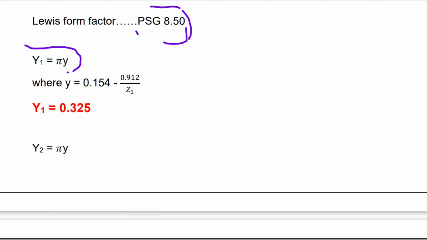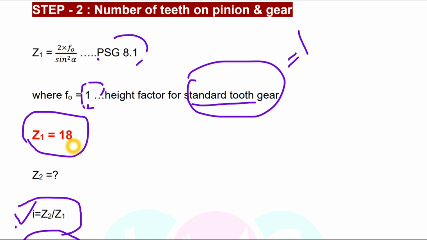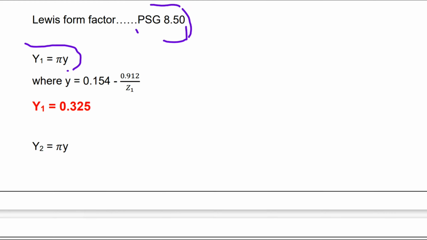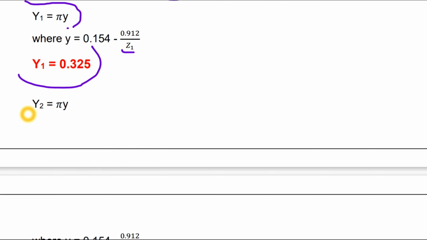Then putting in the values, the Z1 value is 18 as we got earlier, and after solving this we get the value of Y1, which is 0.325. Next, the same formula will be used to find it for the gear.